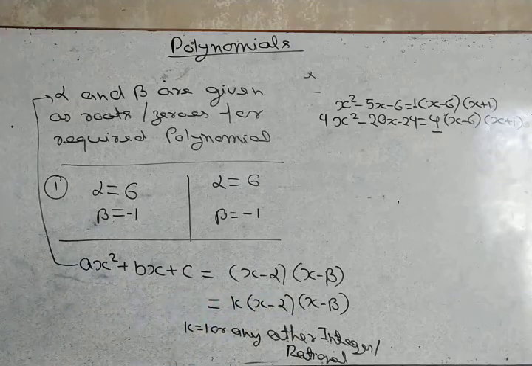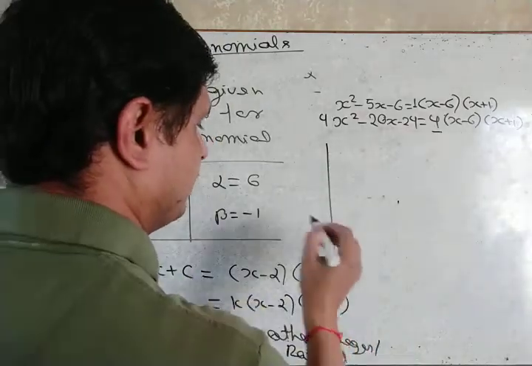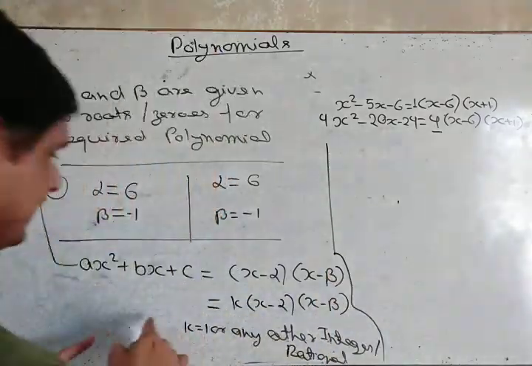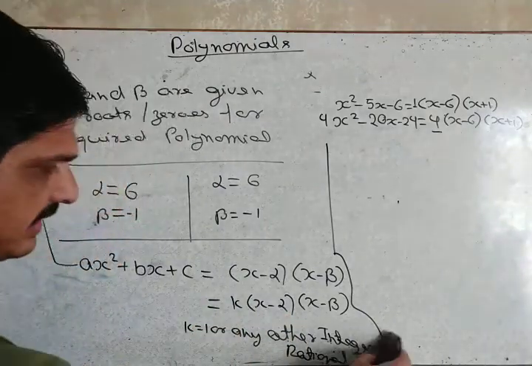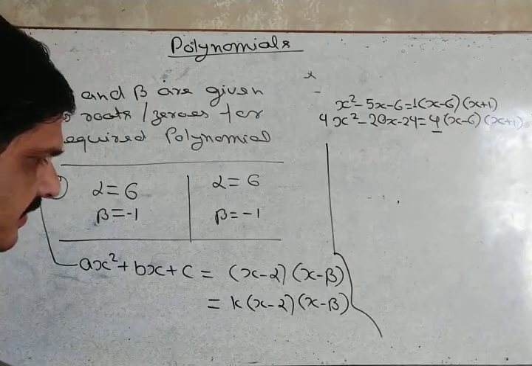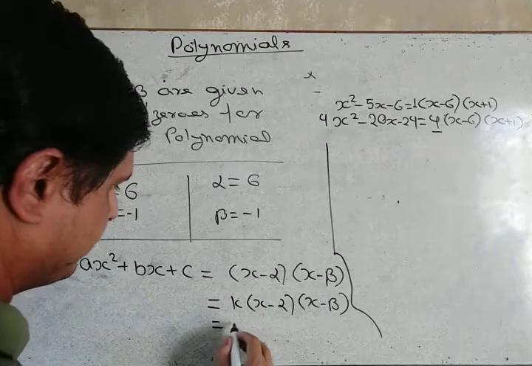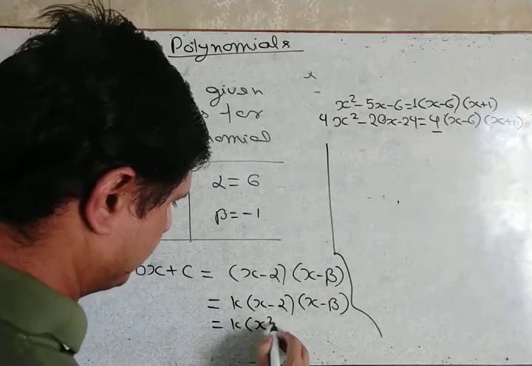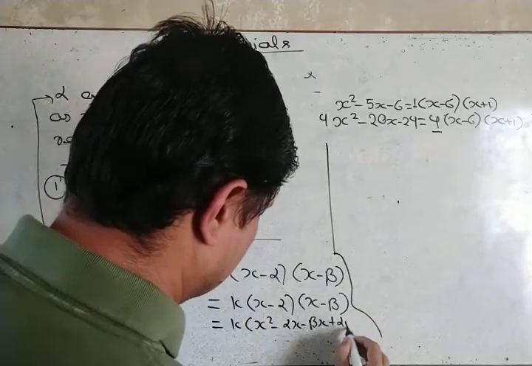If alpha and beta are the roots given for us, then how can we find out the required polynomial? Let us see. If we multiply this, what will you get? You will get x square minus alpha x minus beta x plus alpha beta.